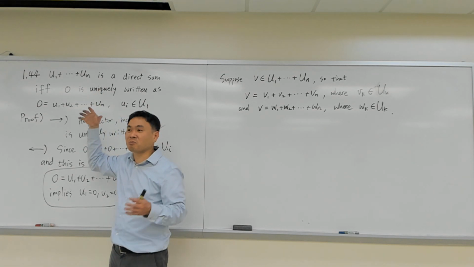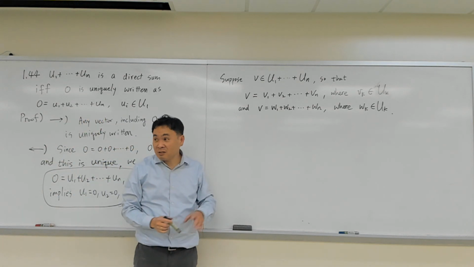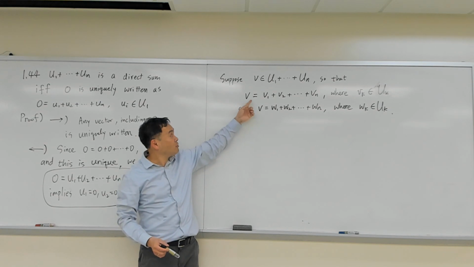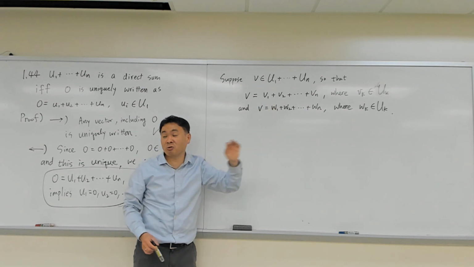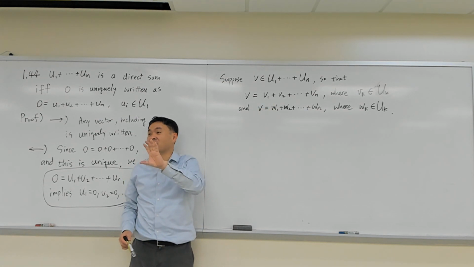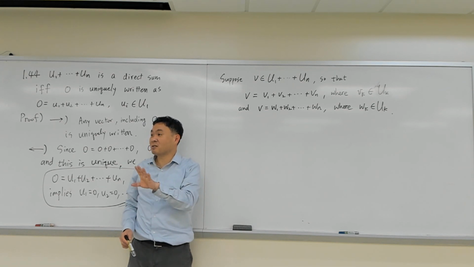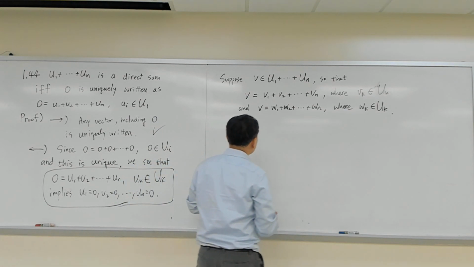How do I say something's unique in math? The right way to do it, and this is the real lesson of this proof, is that if you write it in two different ways, you have to show that each of these individual terms ends up being exactly the same. That's how you show something's unique. Is that good? All right, good. So let's try to prove it.